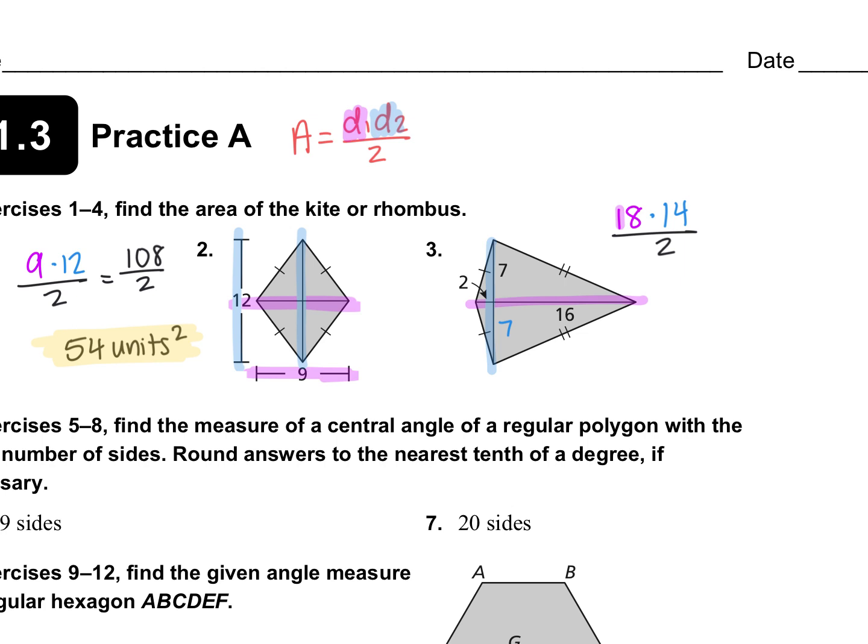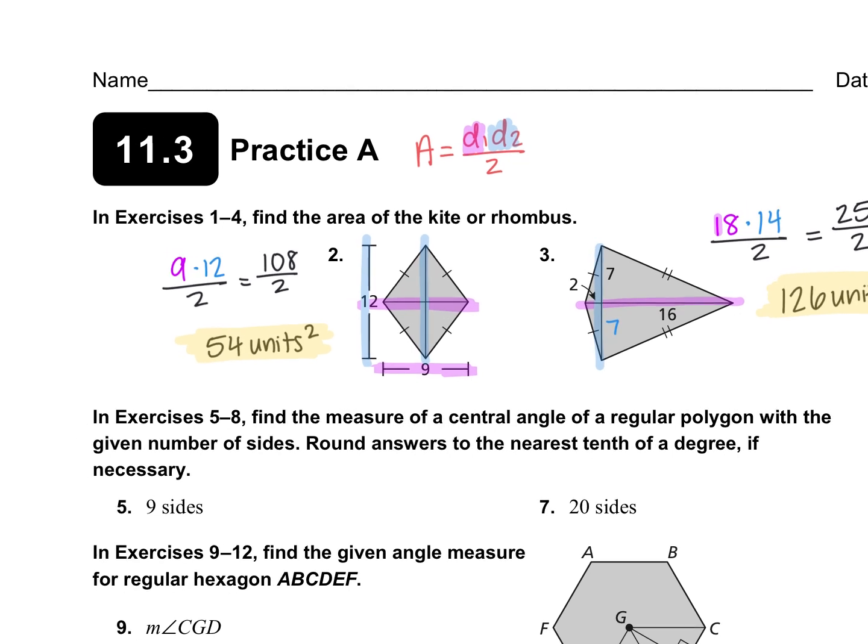So same thing as before, multiply across, or you could just plug it into the calculator. 252 divided by 2. If you multiply correctly and divide correctly, you're going to get 126 units squared. So make sure you're checking your work. I know these seem easy and you will have a calculator, but just make sure you're plugging it in correctly.